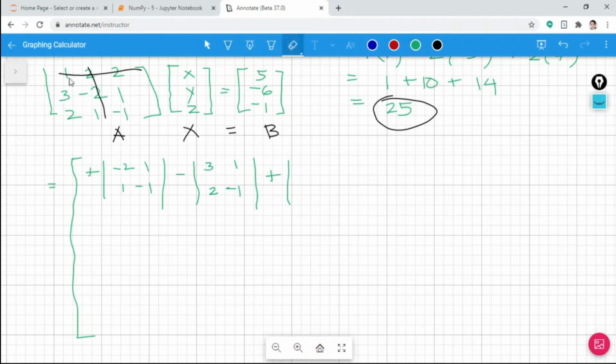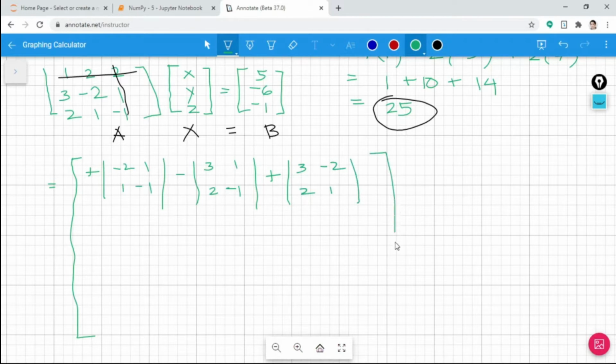Let me erase this one again. You know the pattern, but let me undo, I erased something. So we have plus, we use this one. Then we will have 3, negative 2, so this one is 2 and 1.